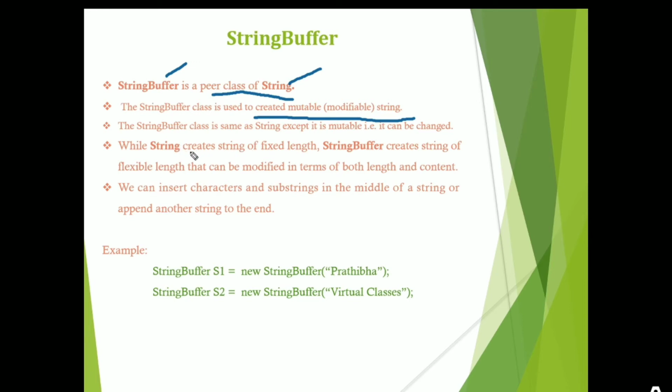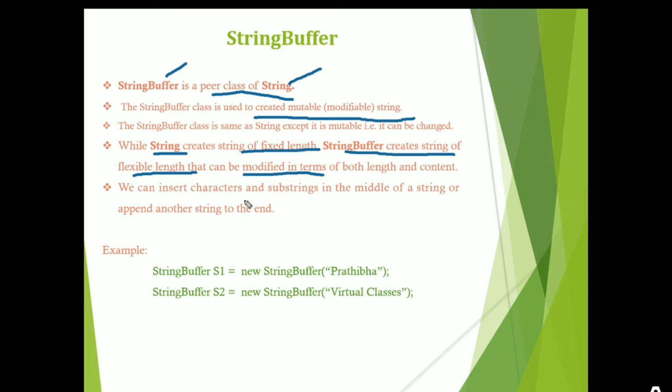When we use the String class to create strings, those are fixed-length strings, but the StringBuffer class creates flexible-length strings that can be modified in terms of both length and data or content. That is the difference between the String and StringBuffer classes in Java.